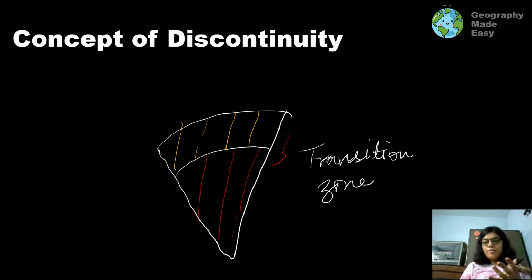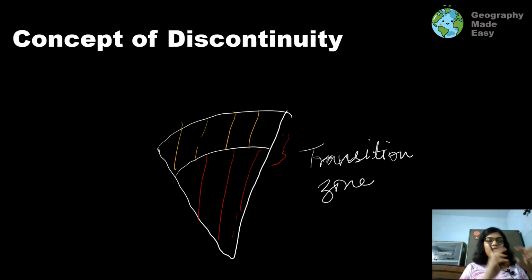We're calling this a transition zone and not a transition line, because the discontinuity does not occur as a line, rather it's a zone. Nothing in nature occurs in straight lines, rather it's in zones. So one kind of rock density or type of layer will end and another will start.